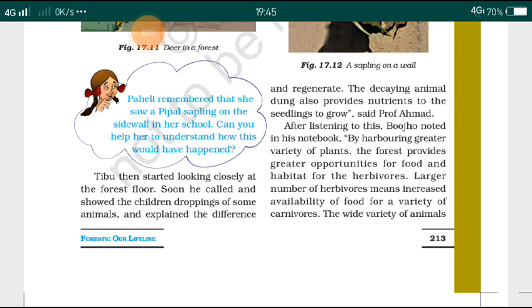After listening to this, Bhujo noted in his notebook: by harboring a greater variety of plants, the forest provides greater opportunities for food and habitat for the herbivores. A larger number of herbivores means increased availability of food for a variety of carnivores.